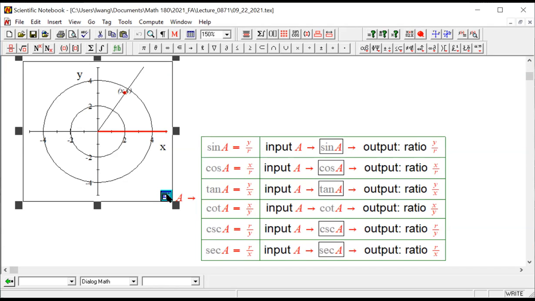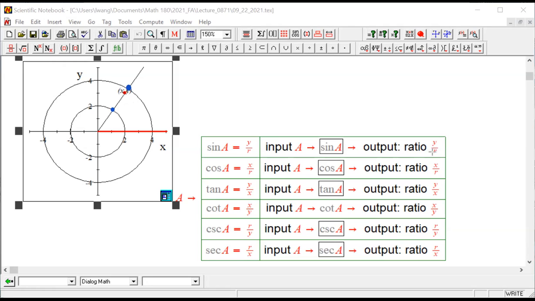Let's look at these dots. Suppose I have a dot here. Suppose this is my X, Y. And suppose I have another dot, I'm going to put it here. According to this definition, suppose I'm working on sine.